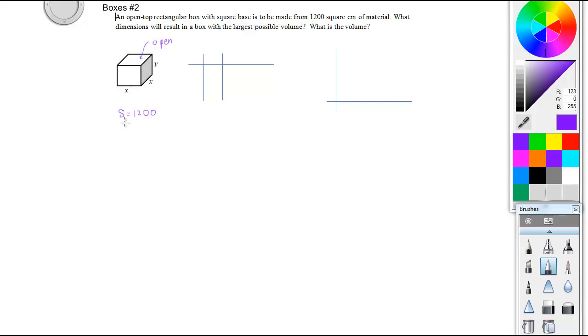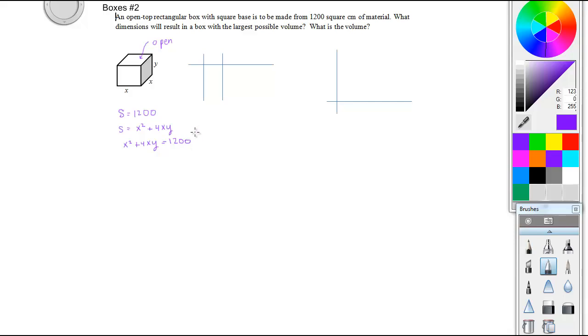Now remember, there's no top, so the surface area of the shape is equal to x squared for the bottom, because it's x by x, and then these side lengths here are x by y, and if you go all the way around the whole shape, there are 4 of them. So our constraint equation is that x squared plus 4xy is equal to 1200, the surface area.